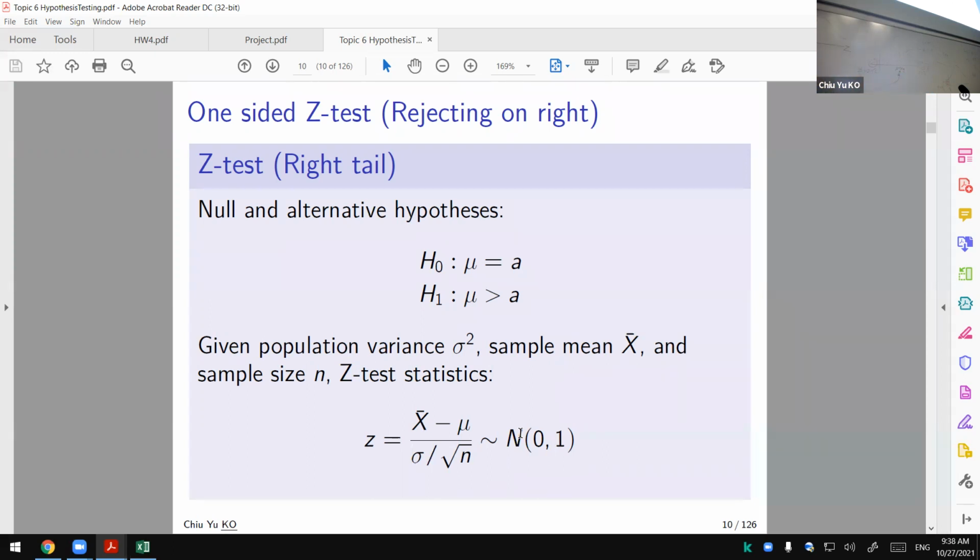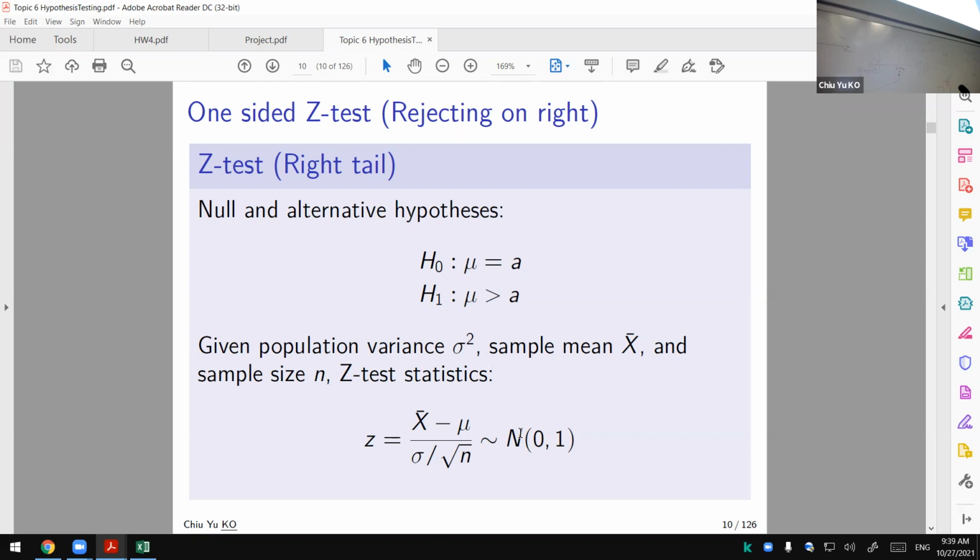How do you do that? It is this transform, the standardization. This guy is called Z, because this is normal 0, 1, a normal distribution with mean 0 and variance 1.